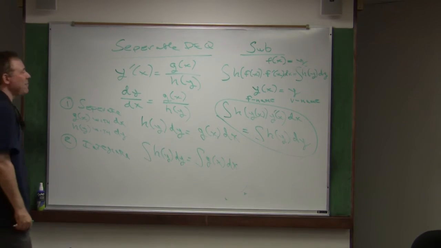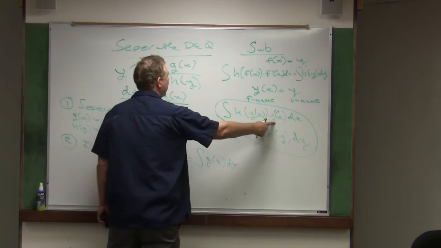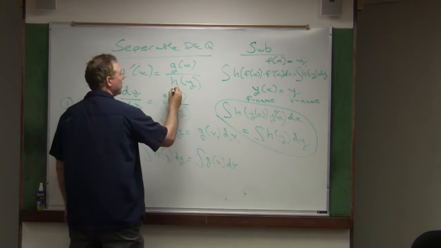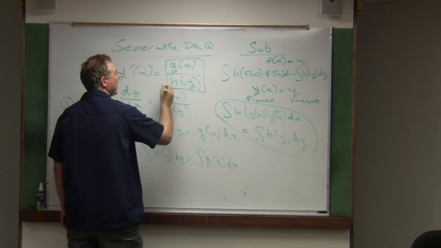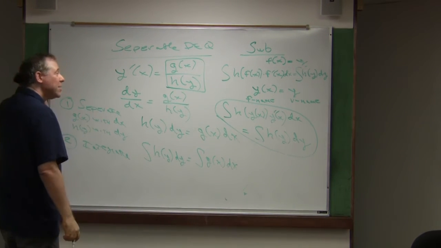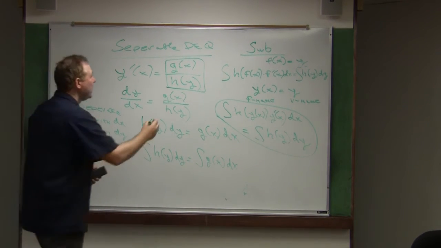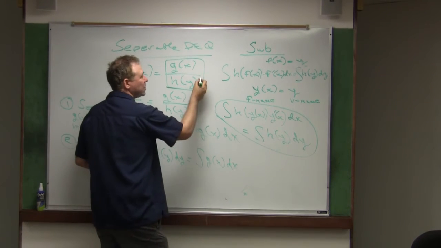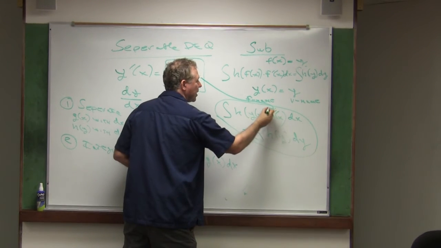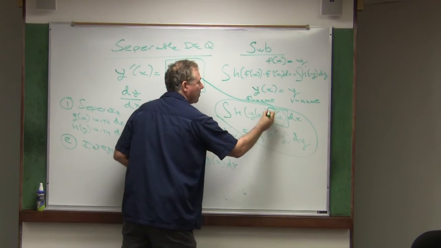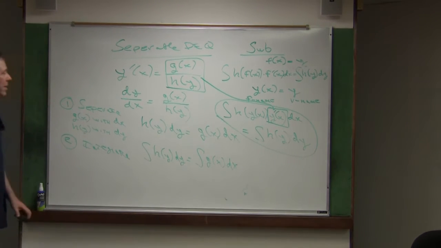However, we have that y prime in the separable differential equation. y prime is g of x over h of y. So I can substitute g of x over h of y in for this expression right here, the y prime. And when I do that, what do I get?